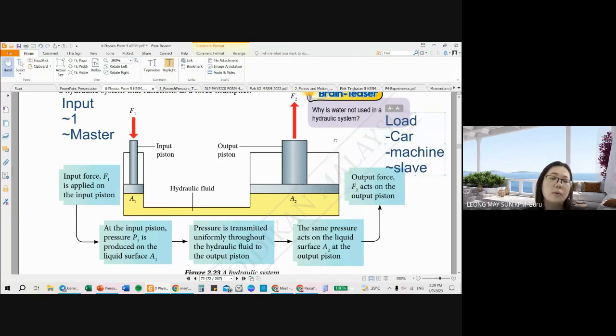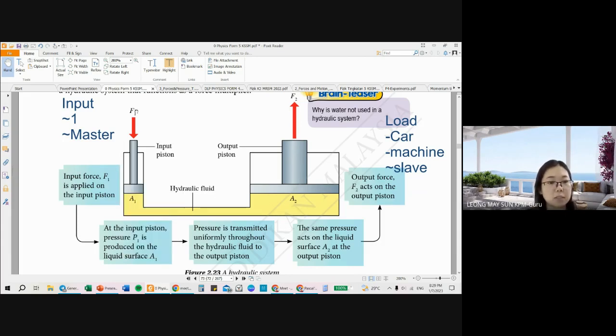Okay, so when the force is being exerted, and this force at the input is usually a smaller force, and the cross-sectional area is much smaller. All right, so that's input. Please remember input, usually we label number one, it could be called the master piston. Usually the area and also the force are much smaller.